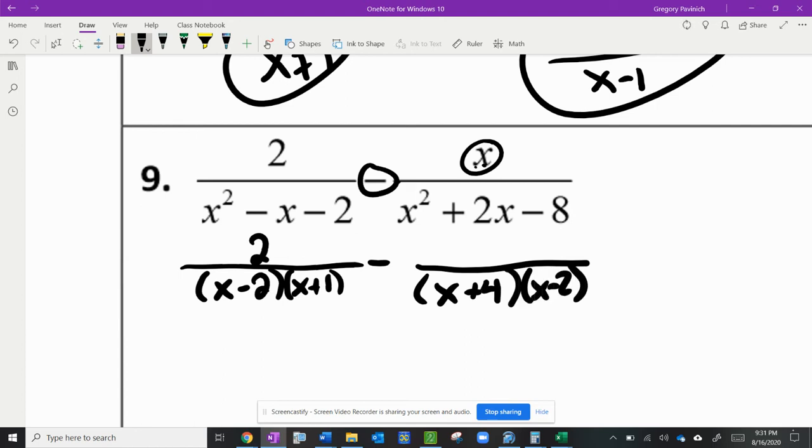Got lucky because at least they share one common factor of x minus 2. So they both have an x minus 2, so this one's going to need an x plus 4, and this one's going to need the x plus 1.